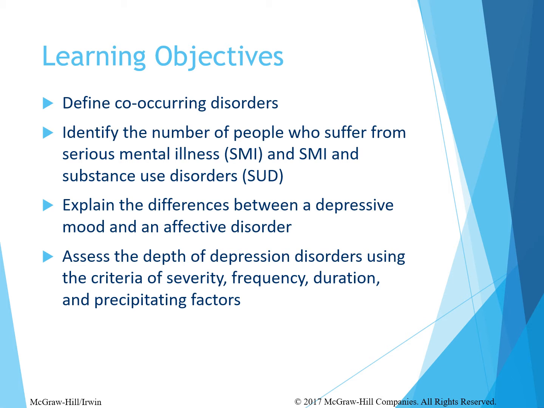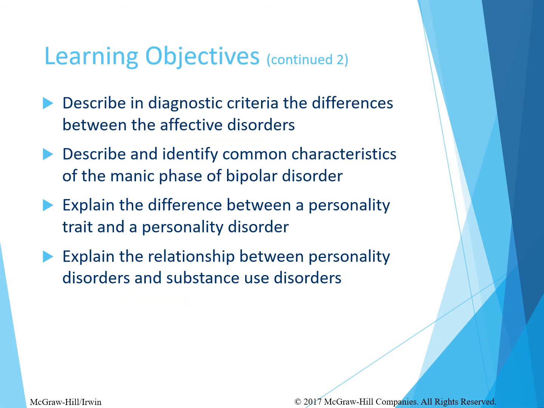You will also be able to assess the depth of depression disorders using the criteria of severity, frequency, duration, and precipitating factors. Next, you will be able to describe the diagnostic criteria, the differences between the affective disorders. You will describe and identify the common characteristics of the manic phase of bipolar disorder.